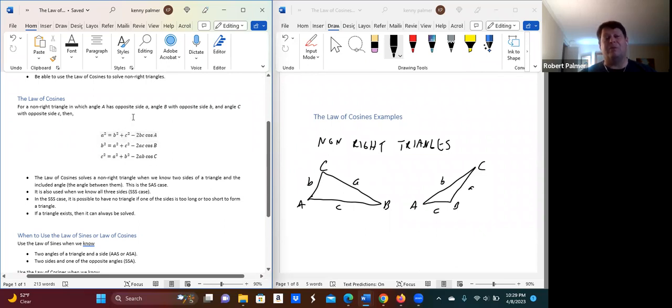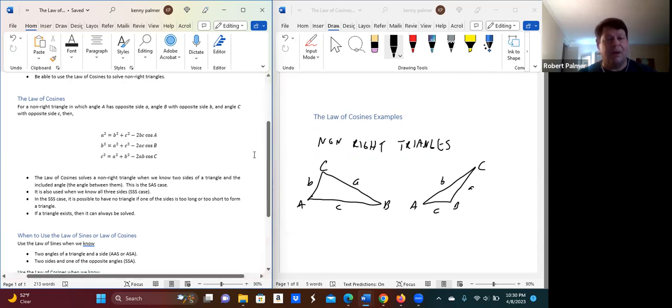So be clear with that. Pythagorean theorem is only for right triangles. And then you have minus 2bc times cosine of A. Actually, if angle A was a right angle, the cosine of A is 0. So this then becomes the Pythagorean theorem if you have a right triangle. Essentially this collapses to the Pythagorean theorem in that case.